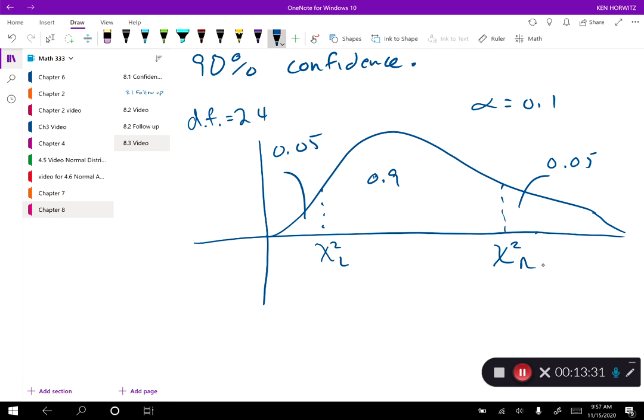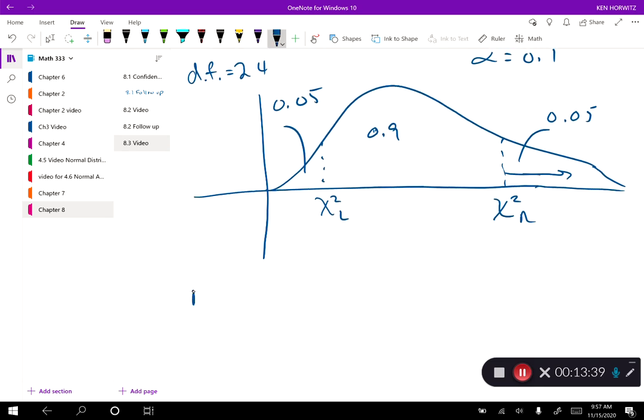So to get our right value, my area equals 0.05. And again, my degrees of freedom are 24. When I look on my chart, I get a right value of 36.415. Again, like I said, different charts go out different decimal places. So if yours goes out more decimal places, you should put more.